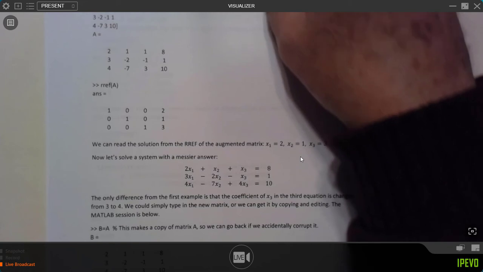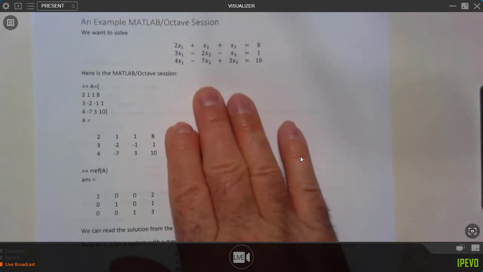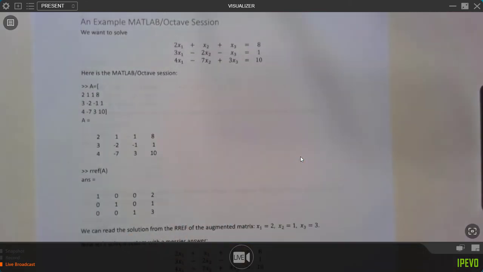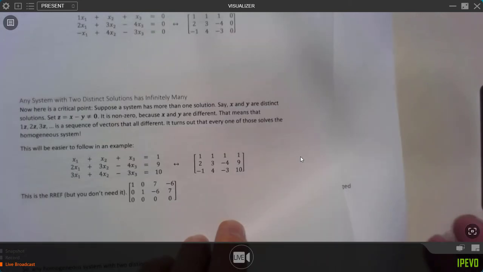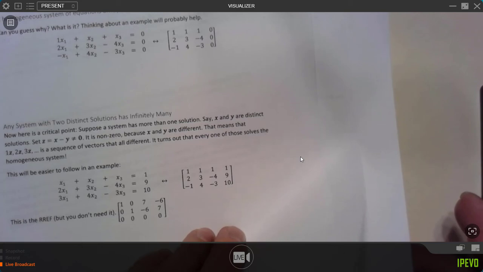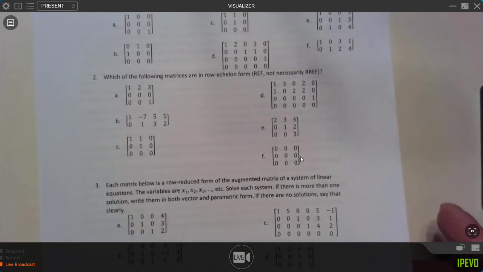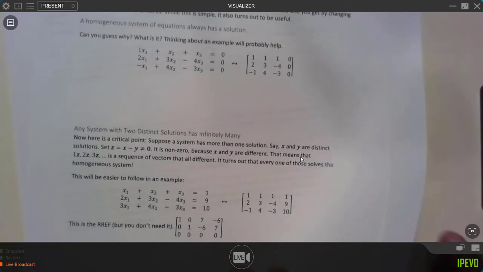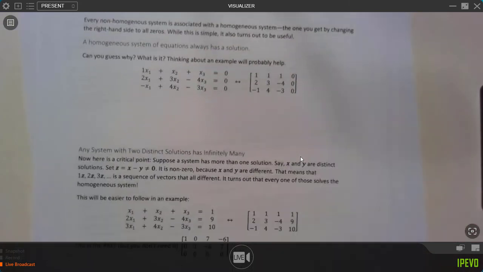So I actually recorded a session. I think this is one of the homework problems, actually. So I showed you how to solve that using Octave, and that goes on for a couple of pages, and then it gets to the exercises. So we're just about finished here. Let's wrap this up, and then we'll be done.